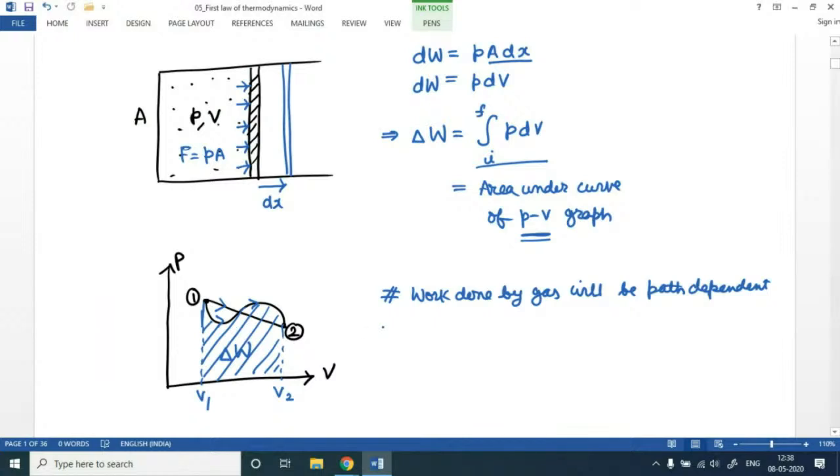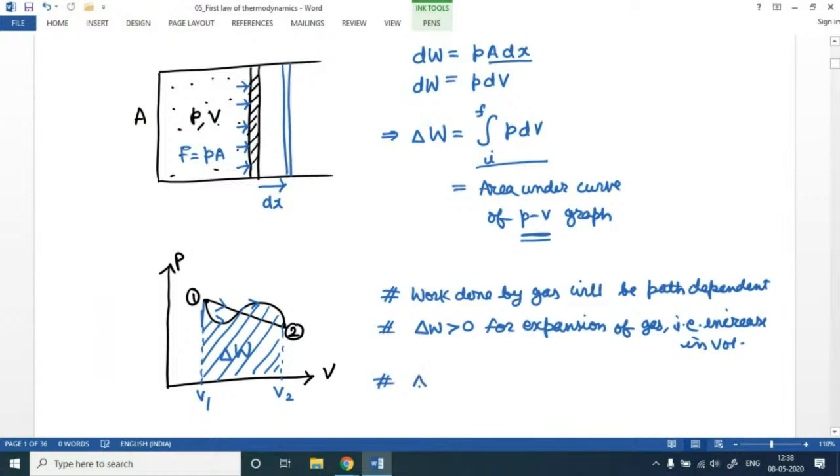And another thing you must understand is that delta W will be positive for expansion of gas, that is, for an increase in volume.